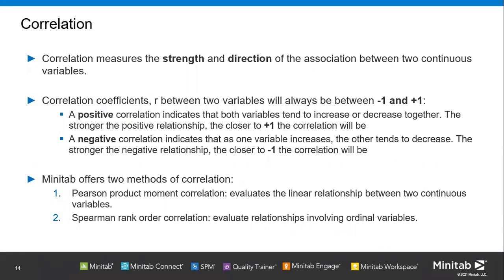For example, low, medium, high, or a Likert scale, where one is not satisfied, two is satisfied, three is most satisfied. For this we can use the Spearman rank order correlation to know about their relationship. Okay, so we have two, Pearson and Spearman rank order, but I think most of us use the Pearson product moment, or R, correlation coefficient.